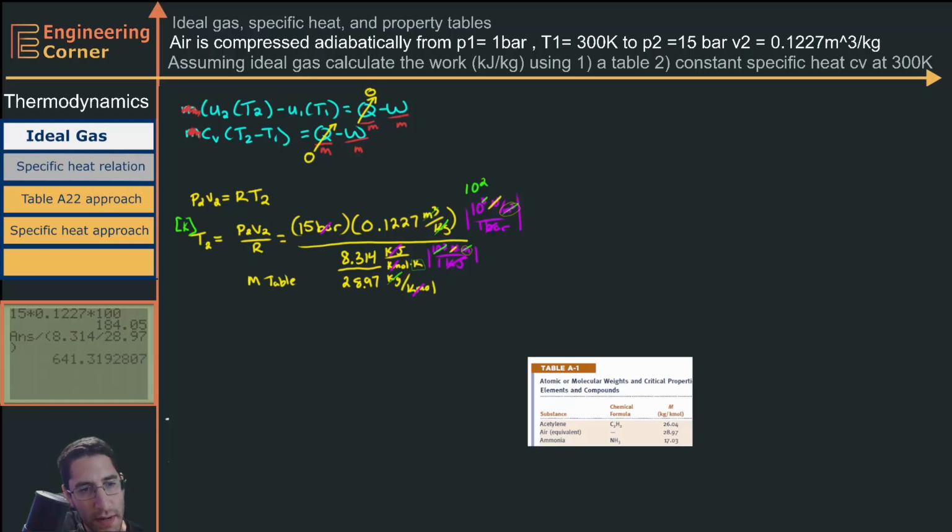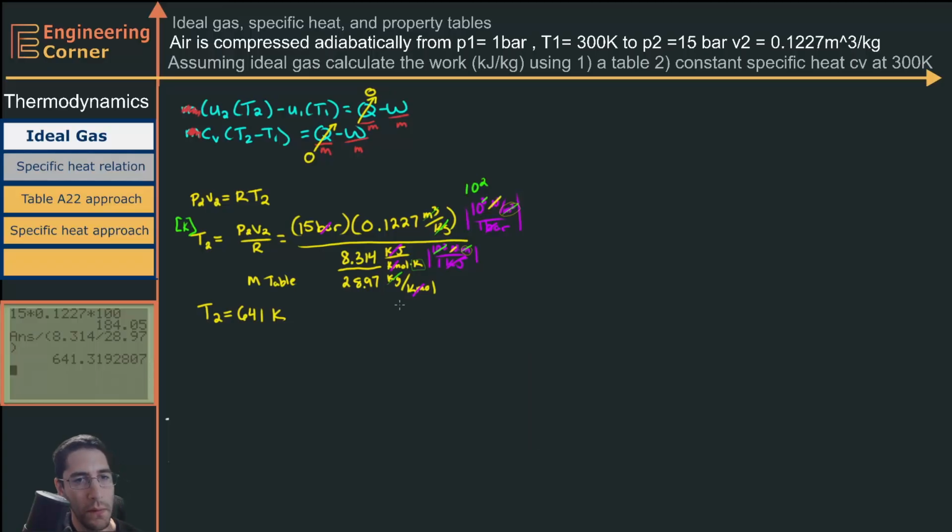So we get our temperature, T2, is equal to 641 Kelvin. We'll just say 641. All right, so now we're doing the tabular approach first.